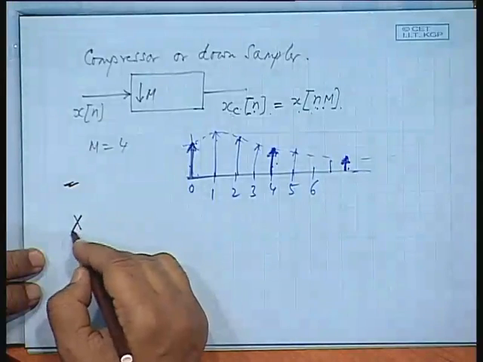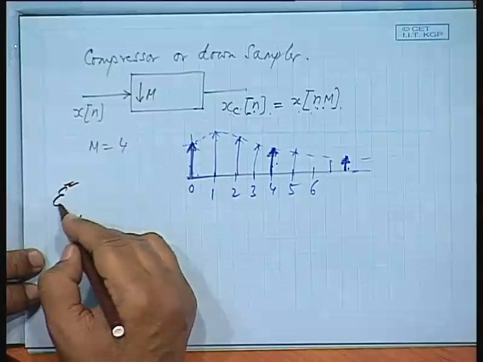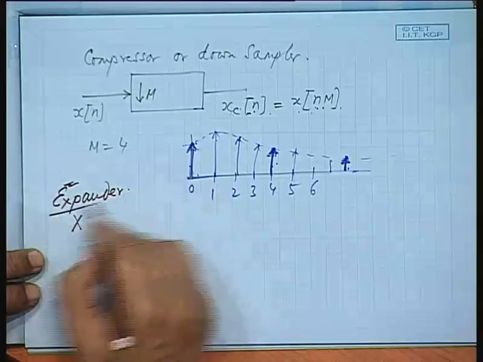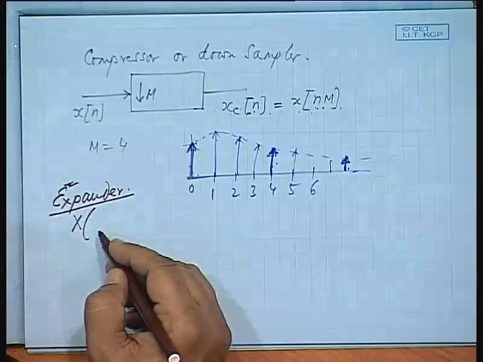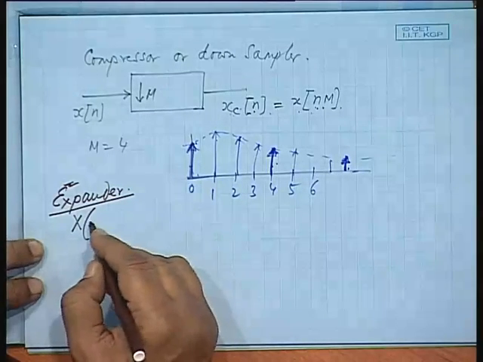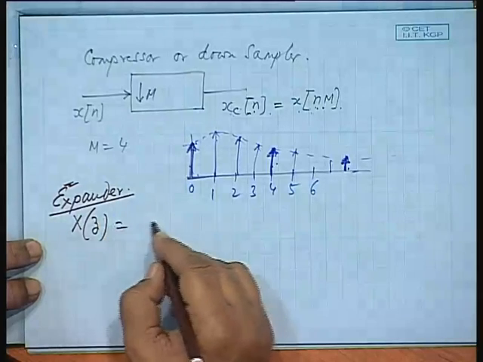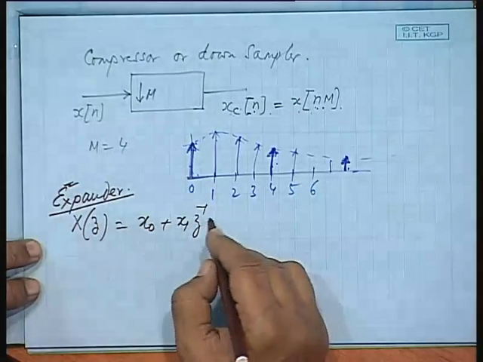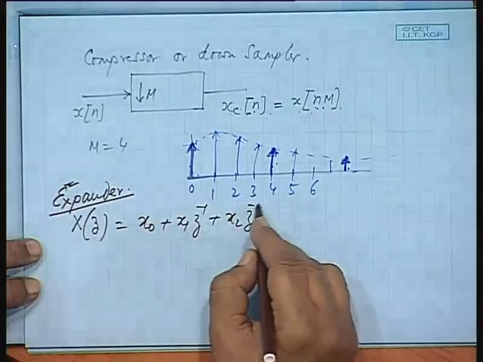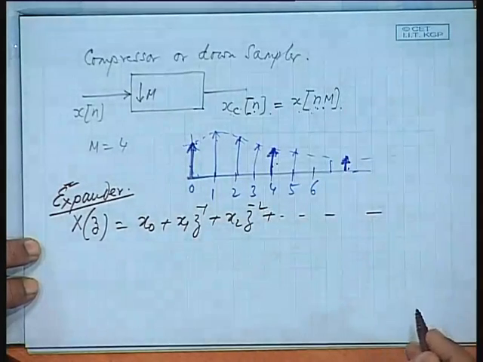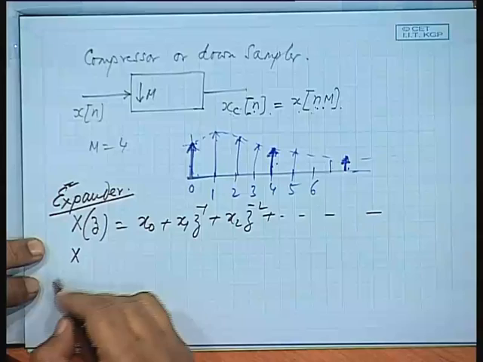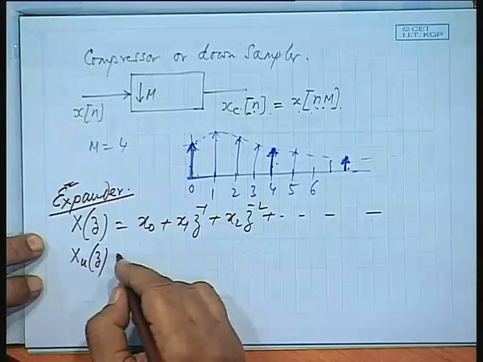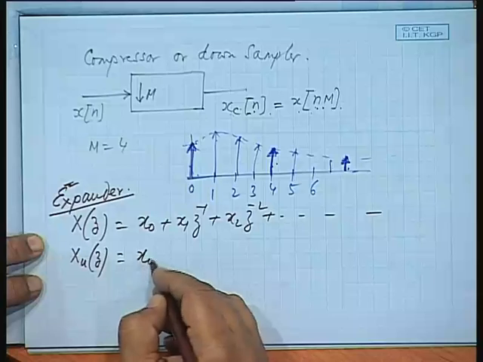So, X(z) in an expander or upsampler, suppose originally X(z) is x0 plus x1 z inverse plus x2 z to the power minus 2 and so on, and the upsampler output that we are considering has a 0 in between.